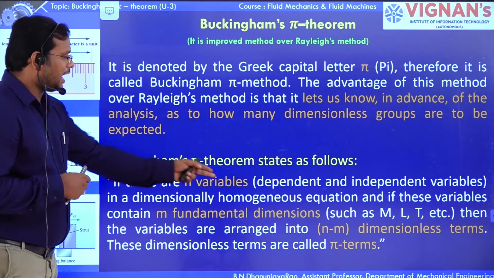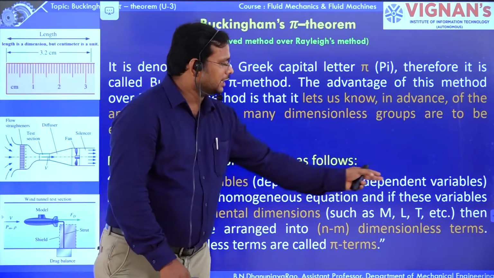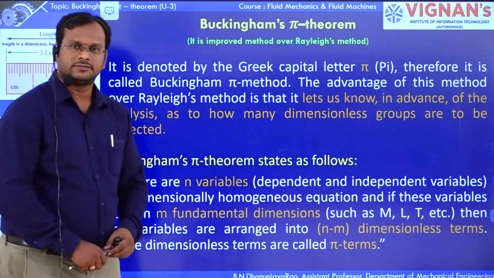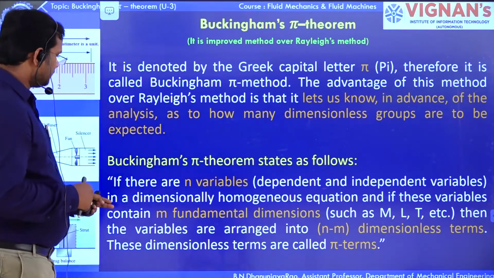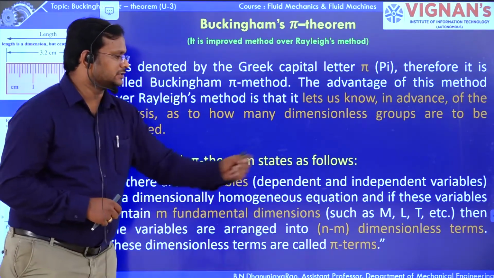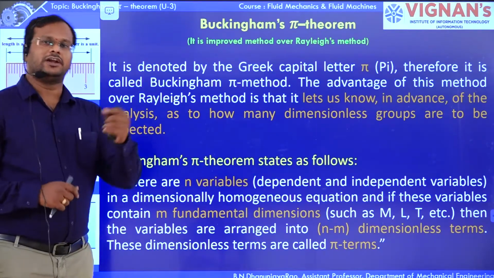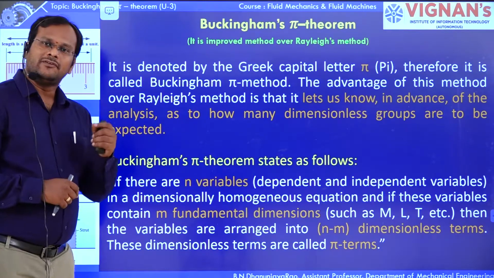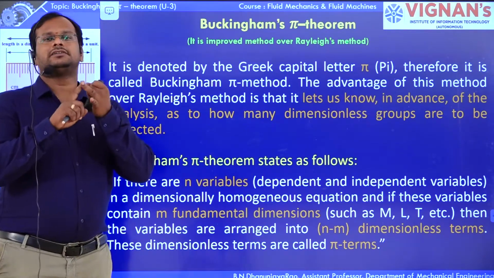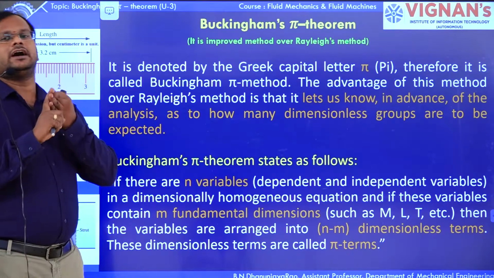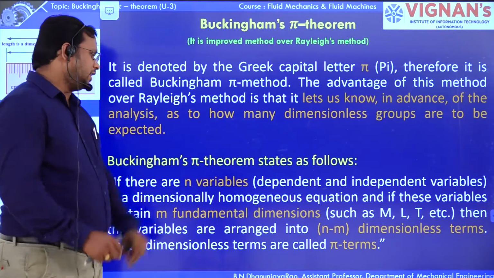If there are n variables, including dependent and independent variables, in a dimensionally homogeneous equation, and if these variables contain m fundamental dimensions. What are the m fundamental dimensions? Length, mass, time. These 3 are the fundamental dimensions, so here m is equal to 3.